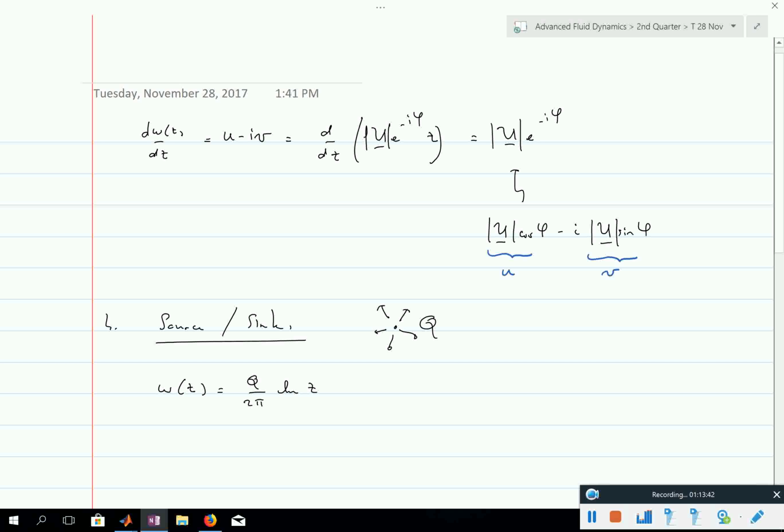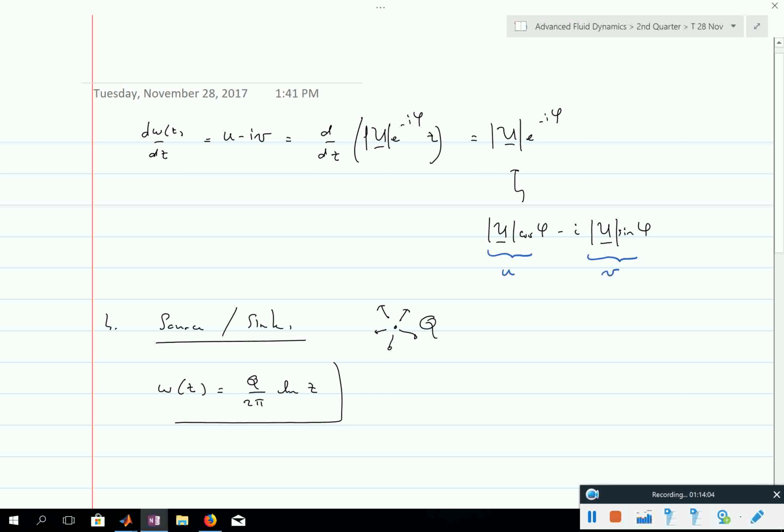Now again, you haven't seen much of complex analysis, but the natural log of a complex number behaves the same way as the natural log of real numbers. So even if you've never seen a mathematical definition for that, you can still use it.